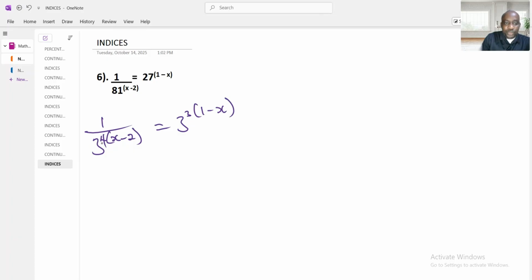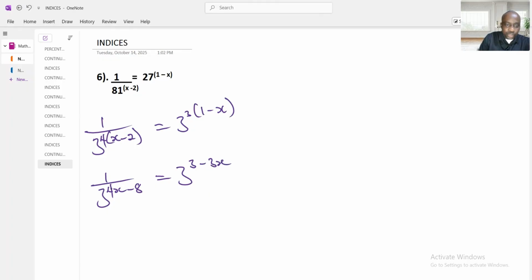We open the brackets by multiplying 4 by x and 4 by minus 2. 4 times x gives 4x. 4 times minus 2 gives minus 8. 3 times 1 gives 3. 3 times x gives 3x.